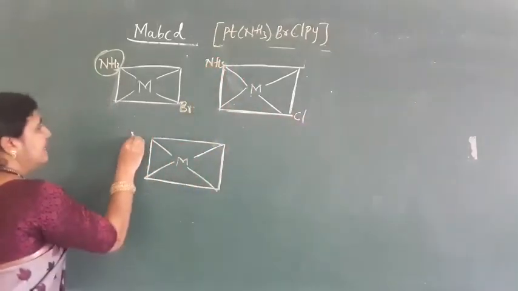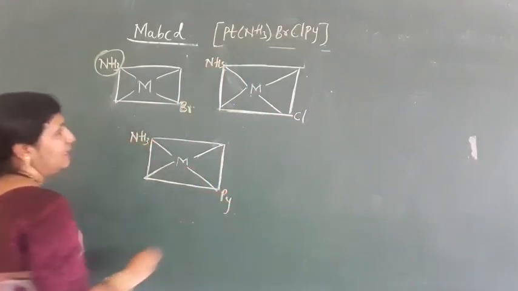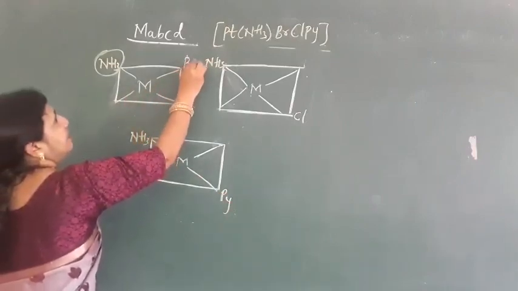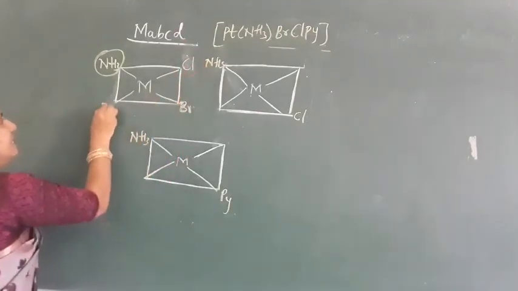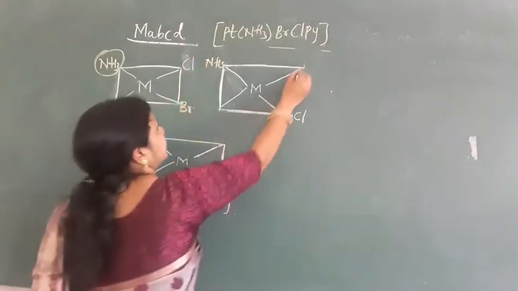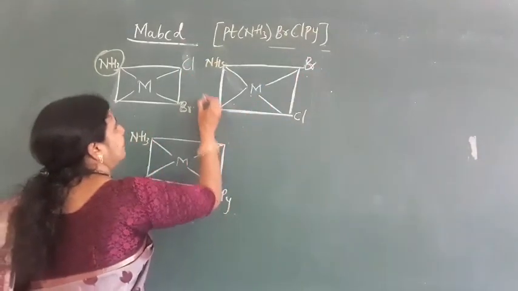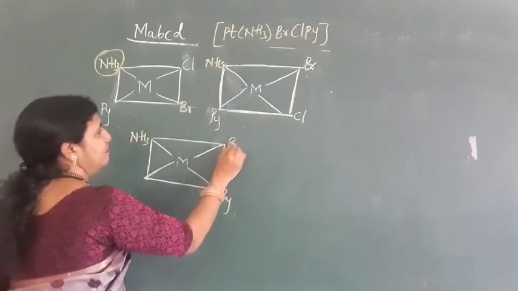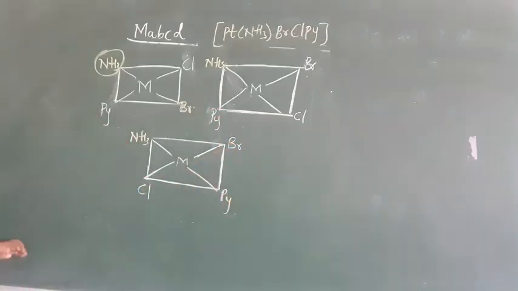In the next, this is our NH3, and next we have pyridine. Br is already there, so chlorine, and next pyridine. Here next Br, and next pyridine. And here we have our Br, and here Cl. Like this we can draw the structure.